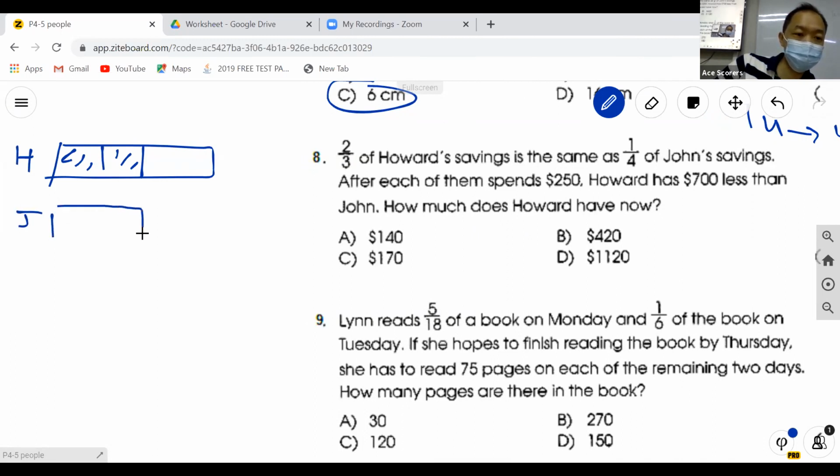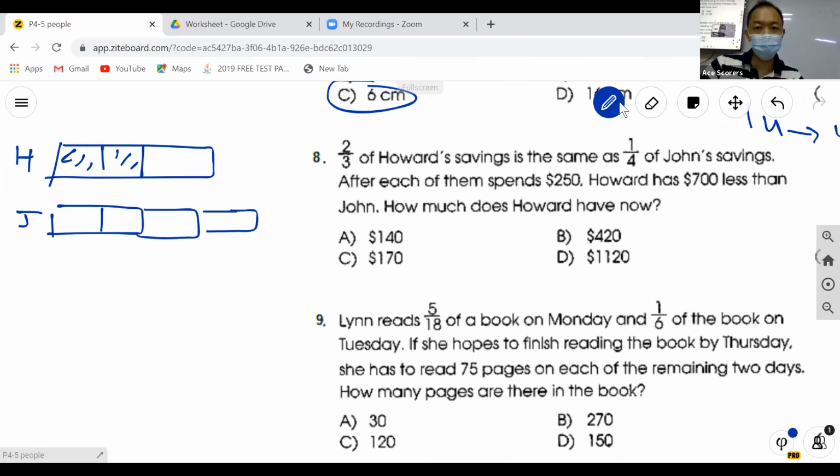So John is this. 1 2 3, 1 2, 1, 2, 3, 4, 5, 6. Because it's 1 quarter, so I need to draw 2 more.